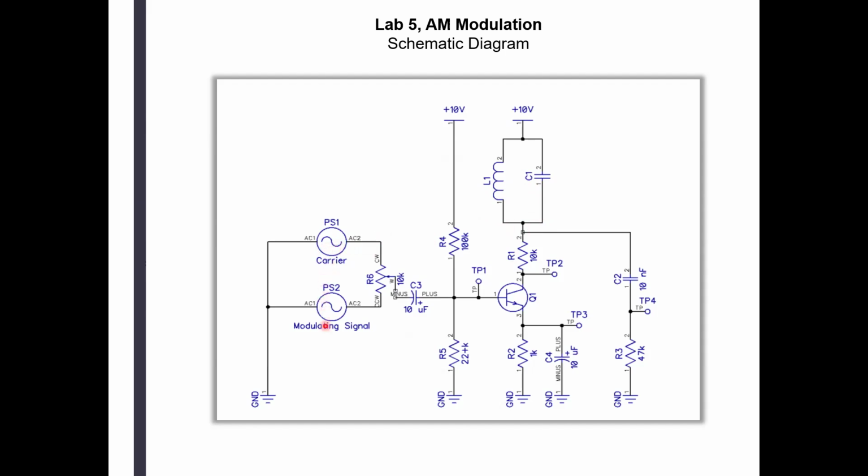And then we're going to garnish that carrier frequency with another signal from another function generator. And that's going to be our modulating signal, or the intelligence signal. You could put some music through it, but we don't want to do that because you wouldn't be able to study the waveform.